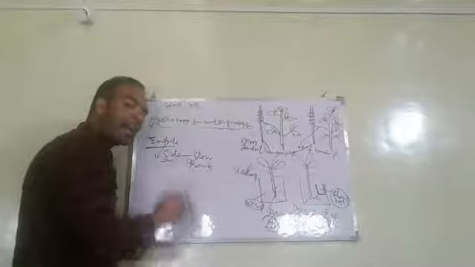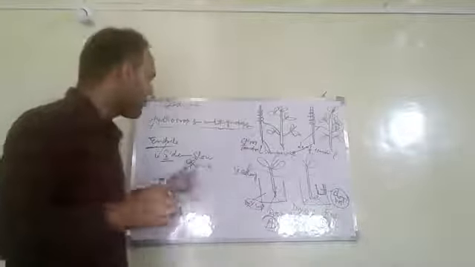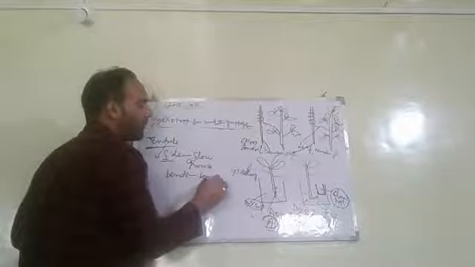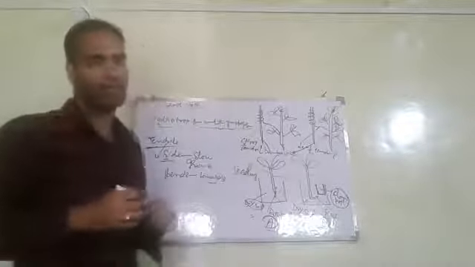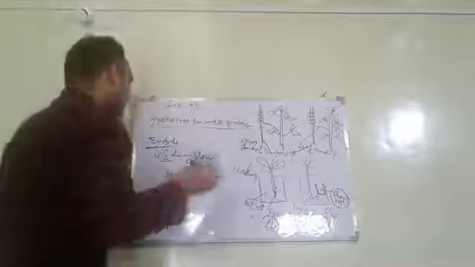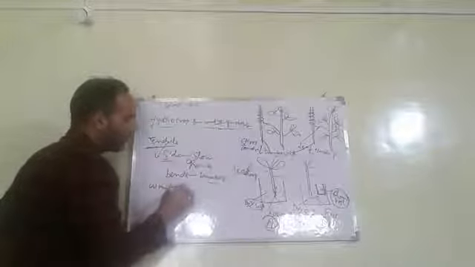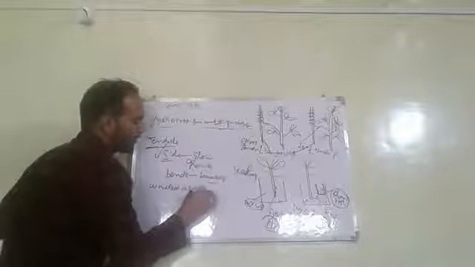When the side of tendril which is in contact with solid support or solid object shows slower growth, it gets bent towards that solid support or solid object, and in this way it gets winded around that solid object.